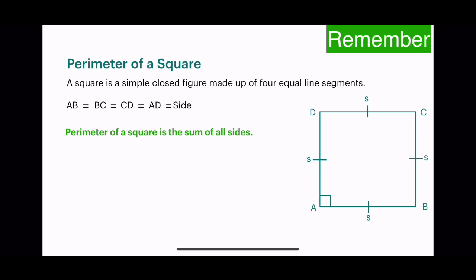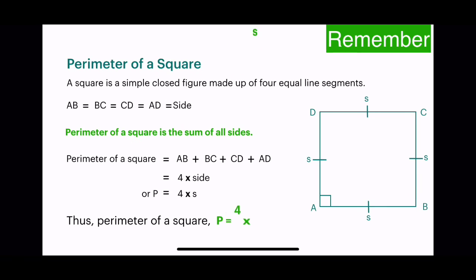So, perimeter of a square is equal to AB plus BC plus CD plus AD, which is equal to 4 into side, since all the sides are equal. So, P is equal to 4 into S. Thus, perimeter of a square P is equal to 4 into S.